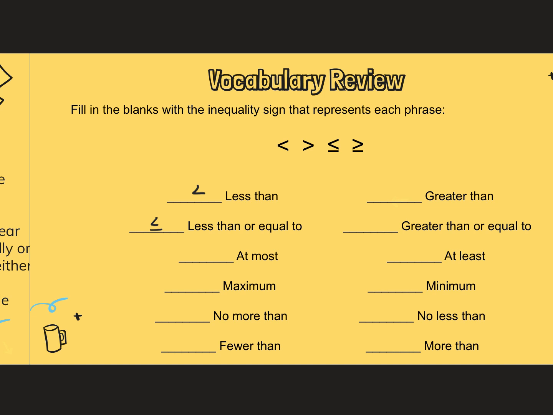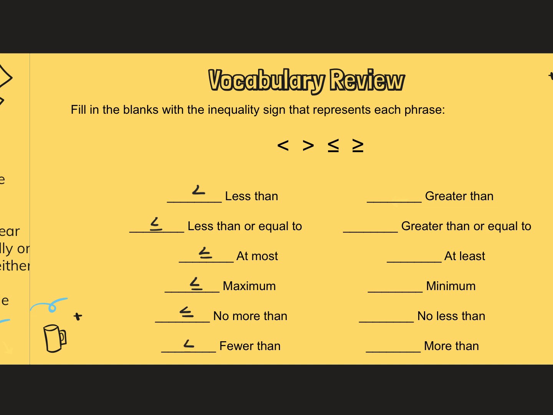We have at most, which goes with less than or equal to. Maximum is less than or equal to. We have no more than, which is also less than or equal to. And we have fewer than, which is strictly less than.